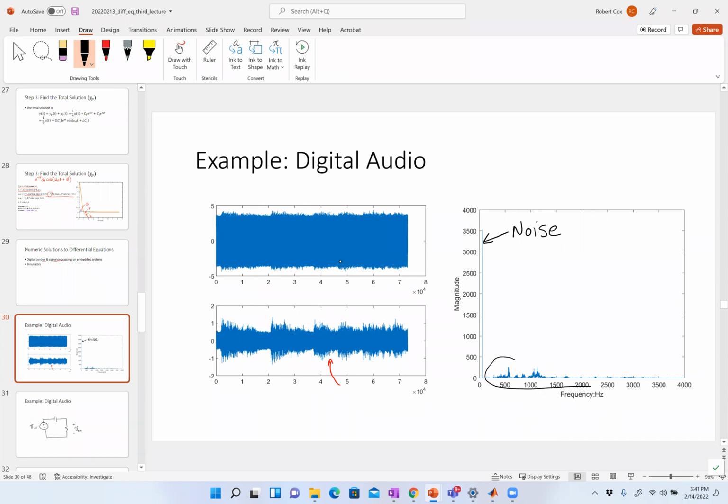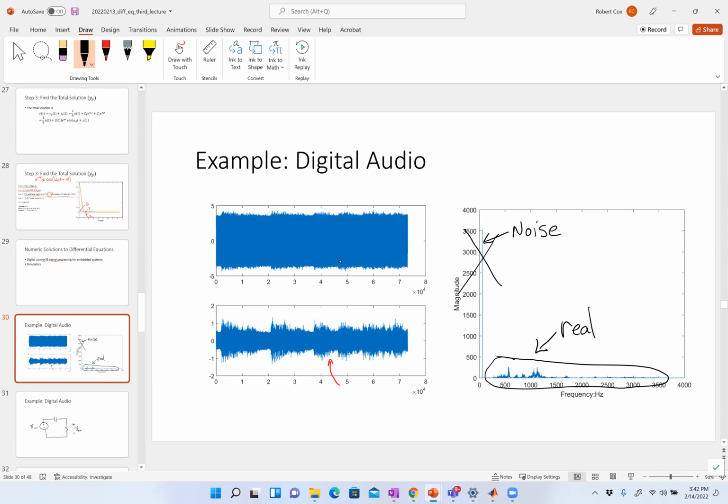Yeah, so this stuff out here is the real stuff. This is the real signal. So what I want to do is I want to build a filter to get rid of that noise. So what I want to do is I want to pass the high frequencies. In other words, I want the high frequencies of this signal to pass through, and I want to get rid of the noise, which is a very low frequency thing.